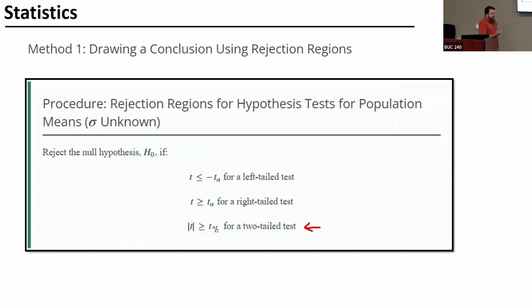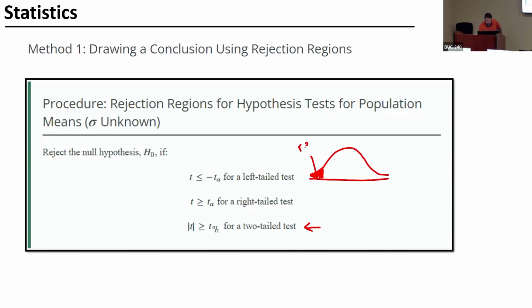If we're using, remember, we have two methods to decide if we're going to reject or if we're going to fail to reject. One of them is when we draw the picture, we have a little area. There's an area of fail to reject, and then there's a colored in area that we call the rejection region. So just for clarification, if you have a left tail test, here you go.